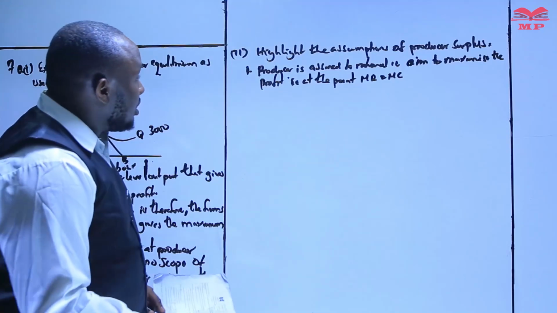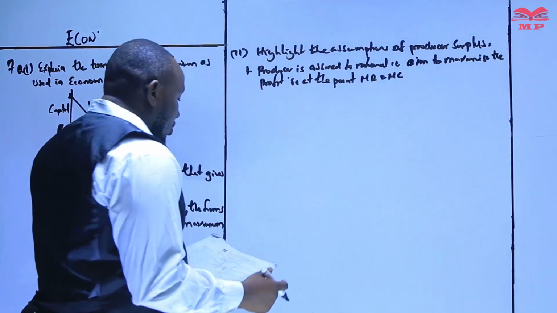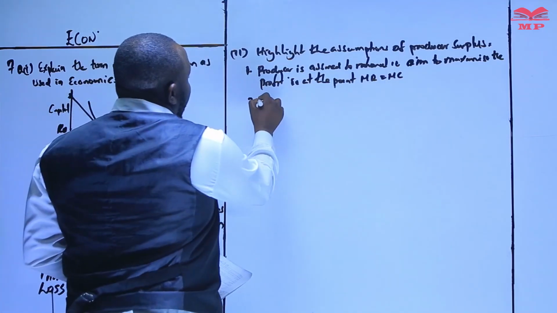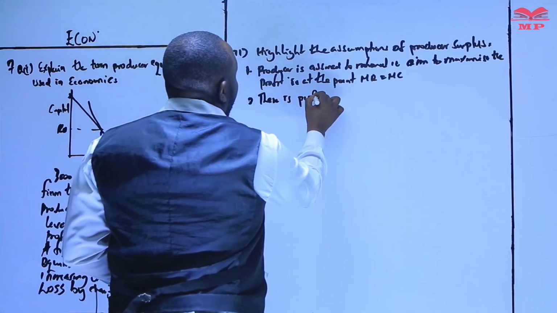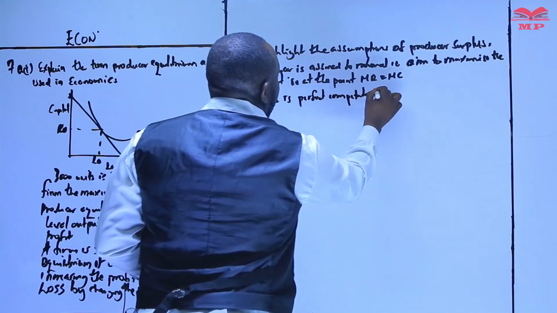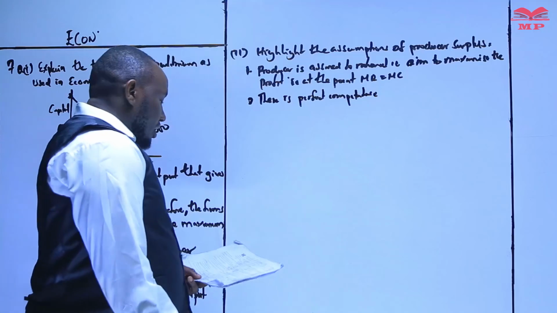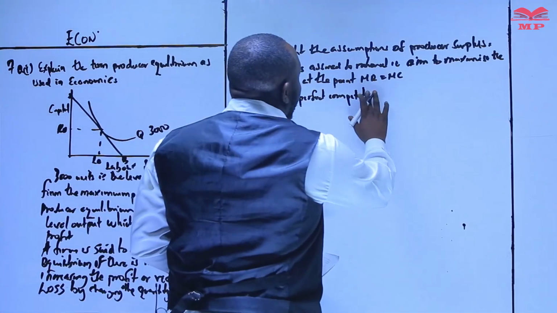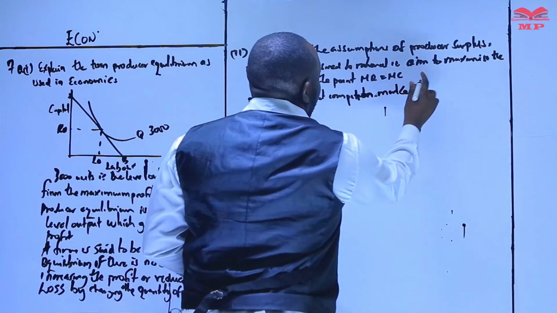The second assumption is that there is perfect competition. Number 2, we say there is a perfect competition market.